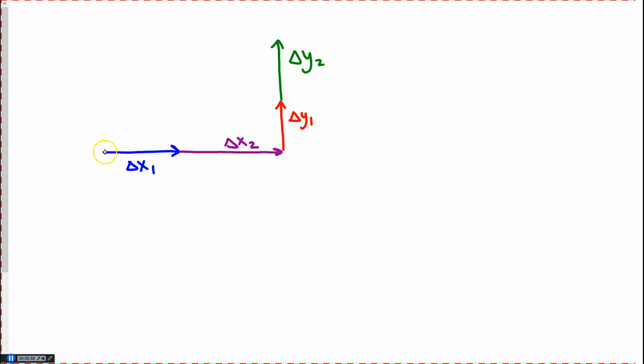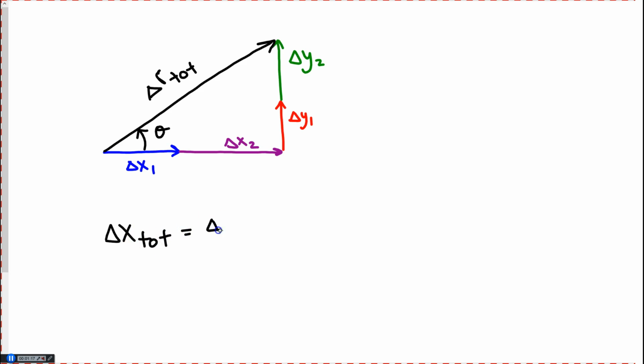This is nice because it makes a right triangle. And the total resultant displacement would be the hypotenuse. So how do we approach problems where there are multiple different displacements? We will be finding the total delta x, which is just the sum of the individual x displacements, the blue plus purple, and we'll find the total delta y.